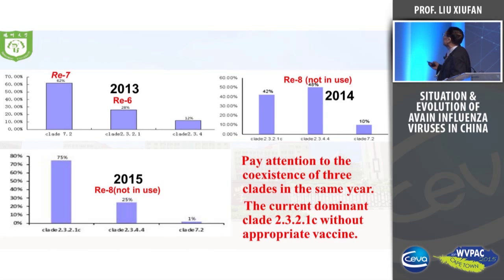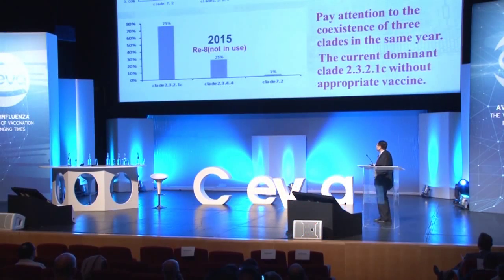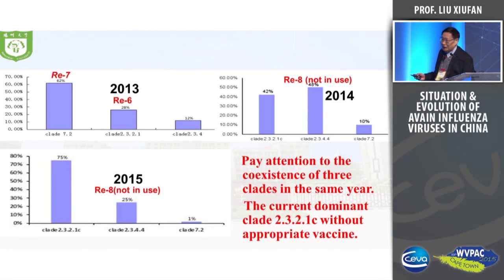Now there is co-dominance of these two clades. So in this year, clade 2.3.2.1c is the dominant. And we don't have a matched vaccine strain for these.